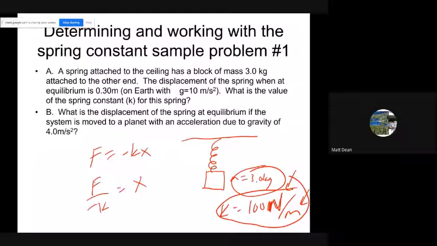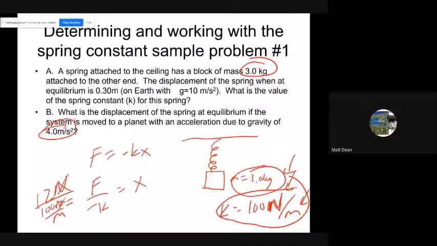We'll put in the force. This time the force is going to be the weight of that object, which is going to be 3 times 4. Mass times acceleration due to gravity. So that's going to be 12 newtons. And we're going to divide that by the spring constant, which is 100 newtons per meter.